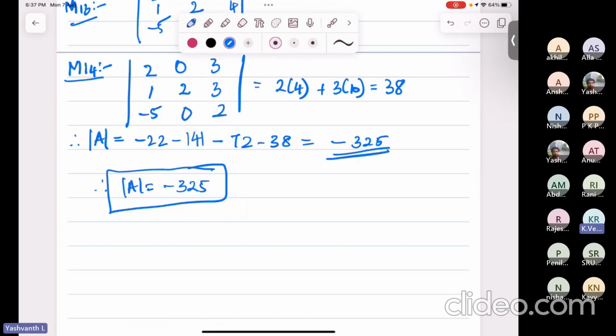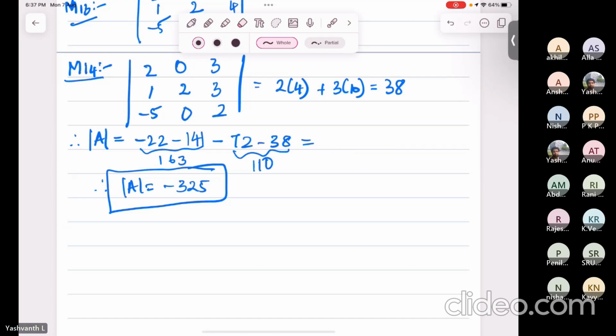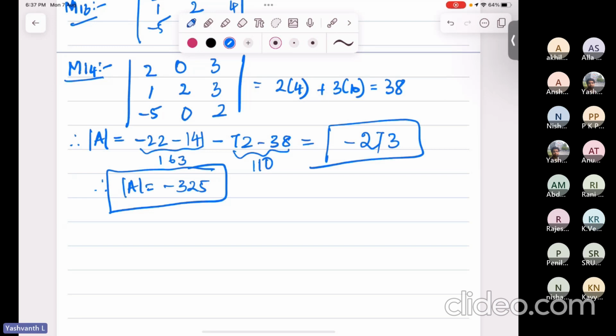Then let's add up. So this will basically become 110, and this becomes 361. The total is 392. 273. 273. Correct. Yeah. Thanks for correcting it.